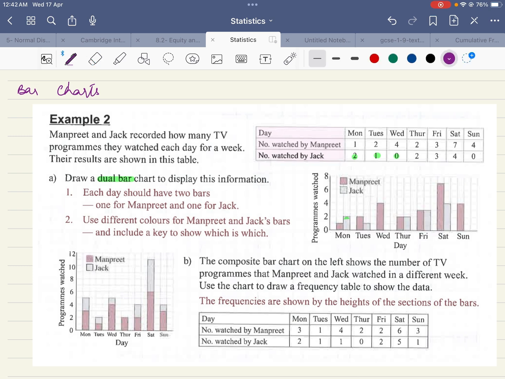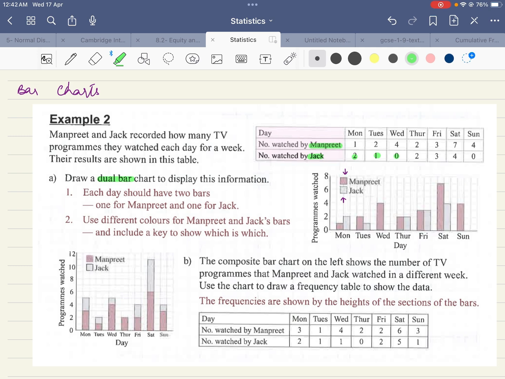The key is there. The pink bar is for Manpreet and the white bar is for Jack. So the data is shown separately for Jack and separately for Manpreet. Both of them are plotted separately on the bar chart. Separately means with separate bars.